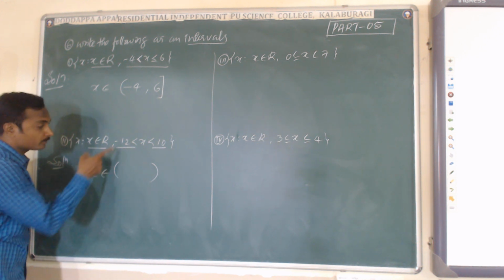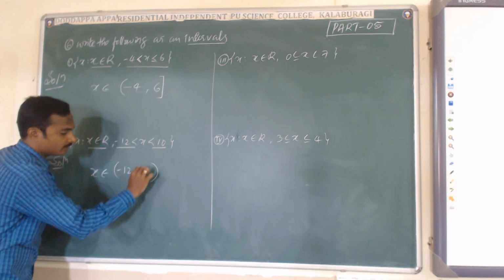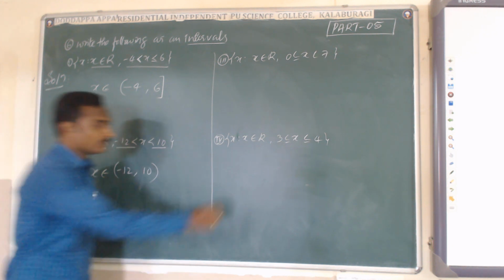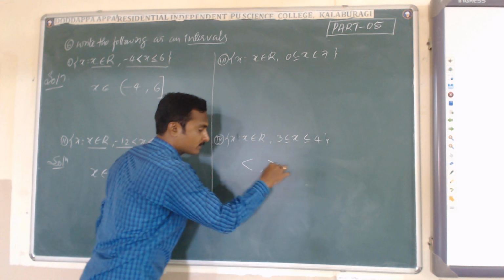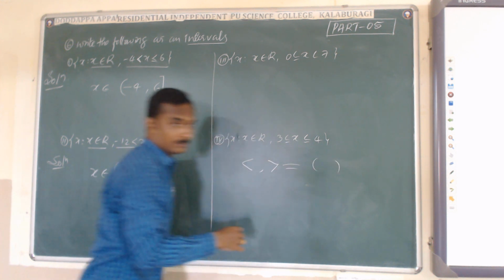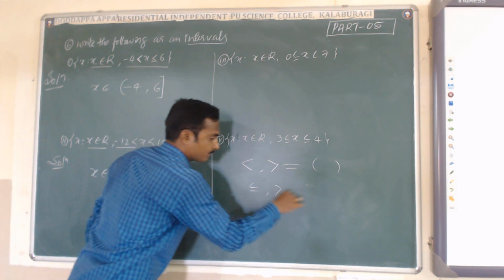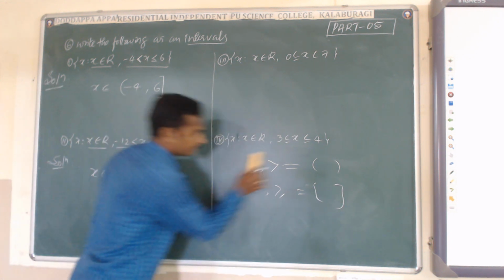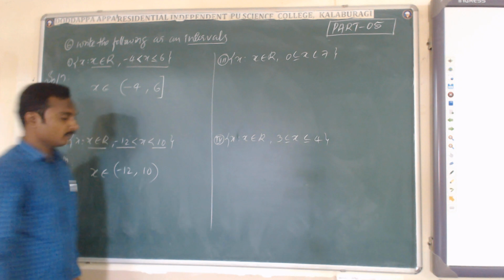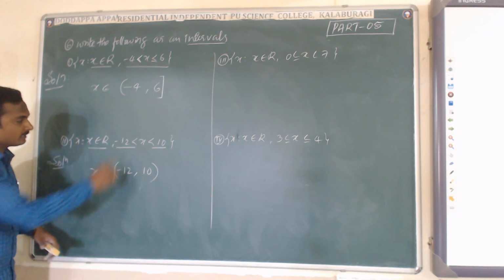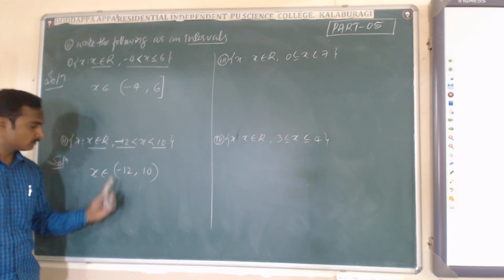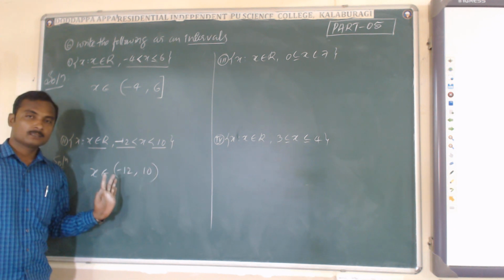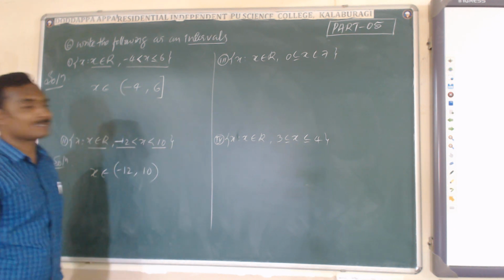X belongs to the open interval minus 12 and 10. I just told you, if strict inequalities come, then open interval; if slack inequality comes, then closed interval. Right? Fine. Come to the third example.